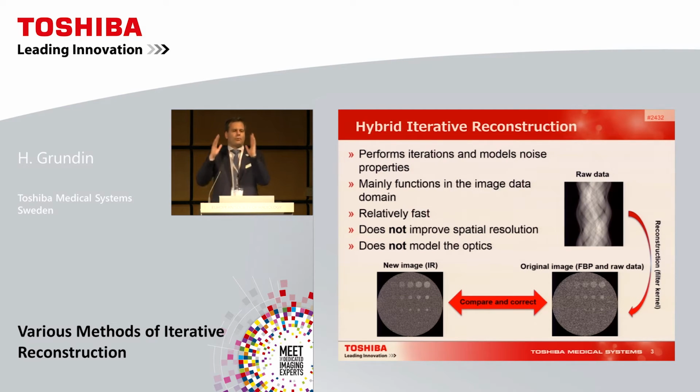So you have your raw data, you use a reconstruction kernel, you do your iteration loops in the image data domain, and here you can reduce noise quite a lot. But you cannot improve spatial resolution. You will have a decrease in spatial resolution because you can only model the noise with these kinds of algorithms. You cannot model the optics of the system. You cannot model the voxels in the patient. You cannot model the size of the detector elements. So you will have a very effective noise reduction, but you will decrease image quality.